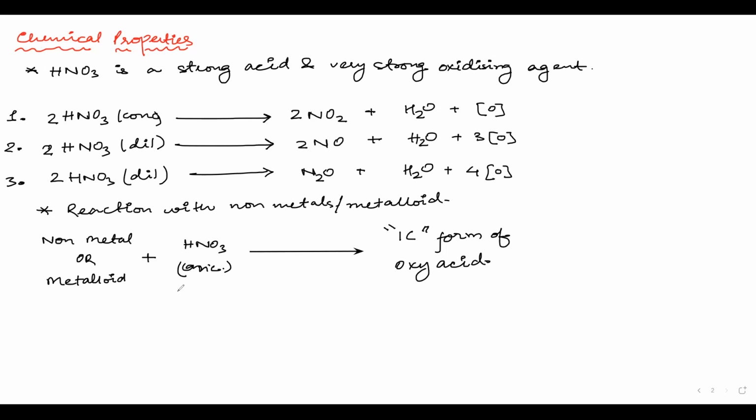So what do we want to do? Let us start reacting. Okay, let us start reacting of non-metals. For example, you have P4 plus HNO3, which is concentrated. So the first thing that you will write here is the ic form of phosphorus. So what is the acid which is having ic form for phosphorus?